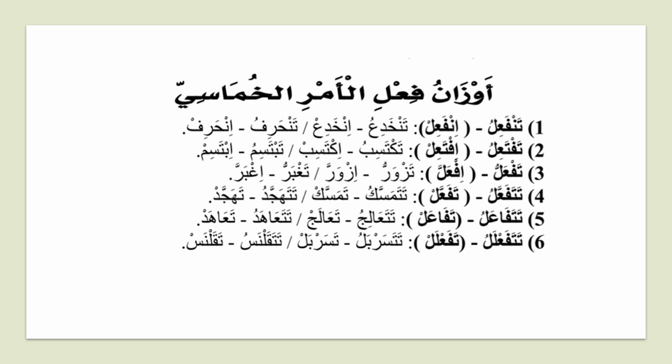Who can go through the steps of tafta'ilu? You dropped the harf al-mudari'. Harf al-mudari' is always dropped because it's only a harf for the present tense. Okay, then the jazm comes. That was the first one. Then you bring the hamzatul wasl.